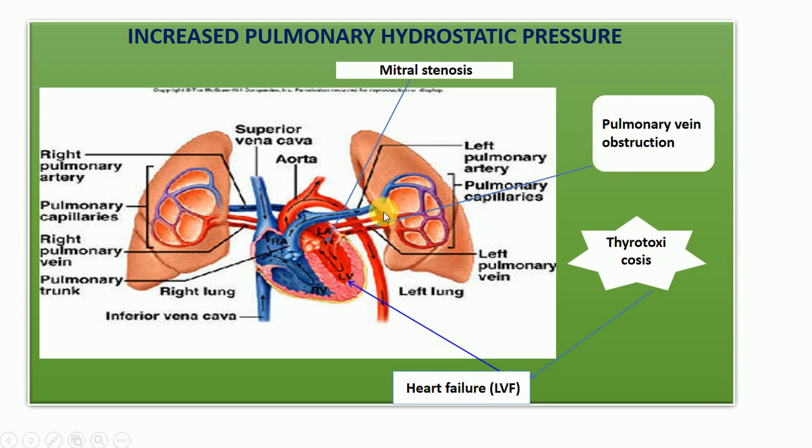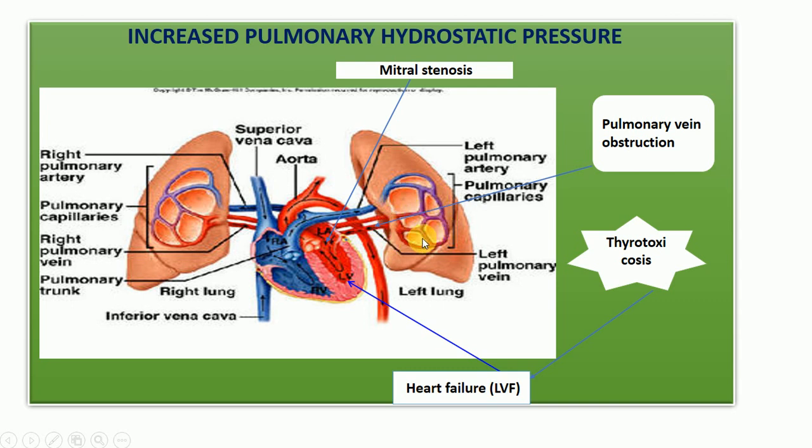Another cause is pulmonary vein obstruction. Suppose the pulmonary vein is obstructed by an embolus here. If there is obstruction here, it means the fluid will not be permitted to go to the left atrium and left ventricle to be pumped to the systemic part of the body. Instead, the fluid will accumulate in these vessels and will be static.